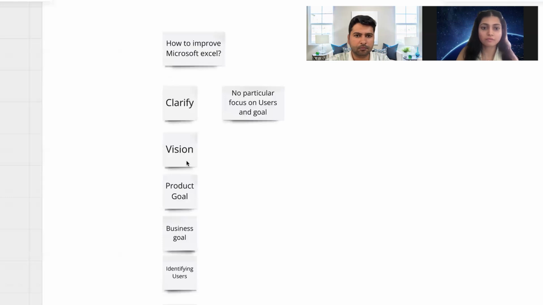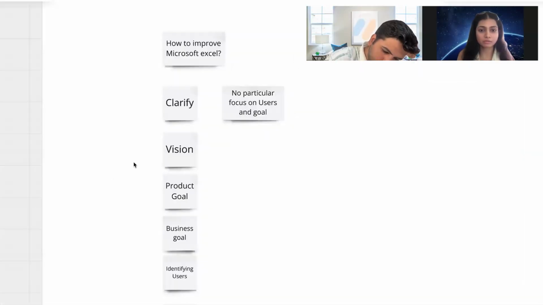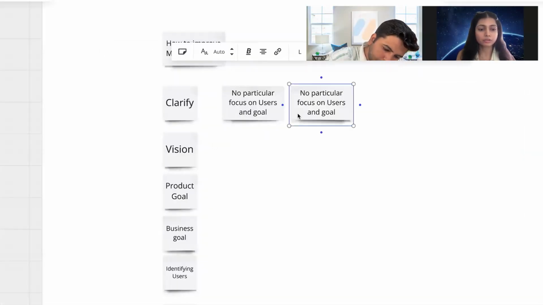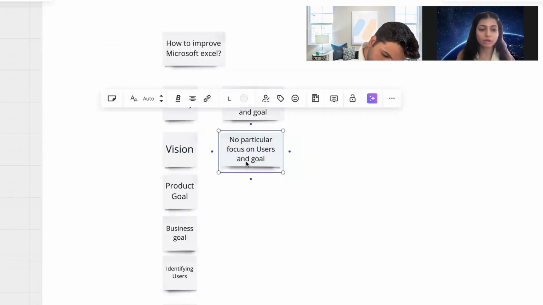The thing is, we are going to improve Microsoft Excel and we have had our clarification questions. Now we are going to look into the vision of this Excel. I broadly remember when I started using Excel, it could be a tool to empower users to manage and visualize their data effortlessly and efficiently.